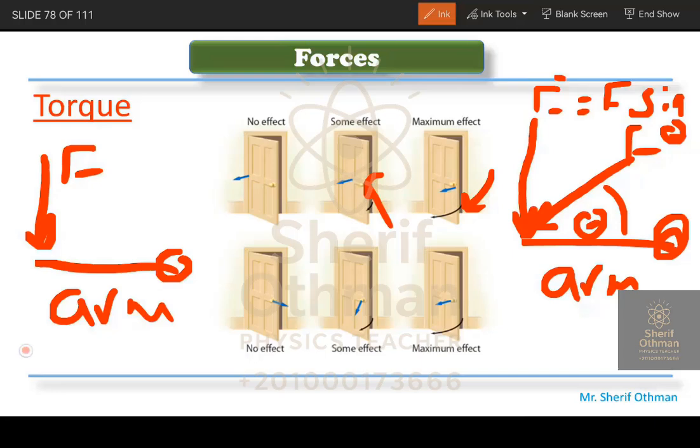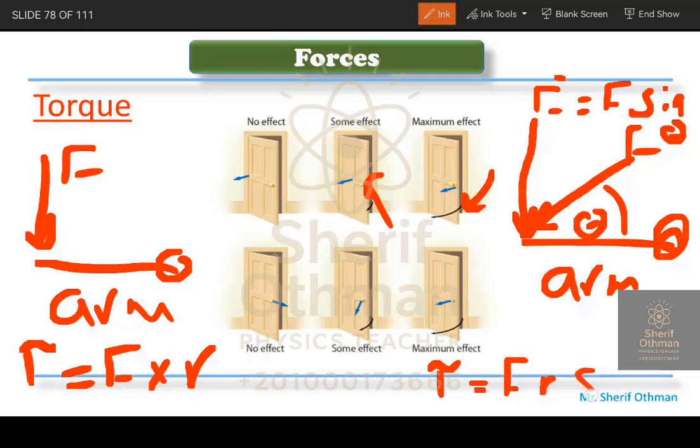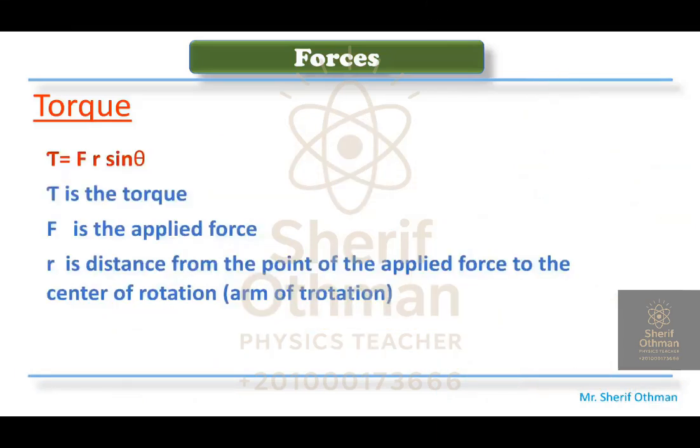Here's the rule: torque tau equals F multiplied by R. But here, torque is equal to F R sine theta. So the torque is equal to F R sine theta. If theta is equal to 90, sine 90 will be 1, and torque will be F R only.